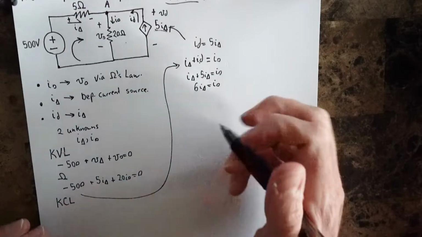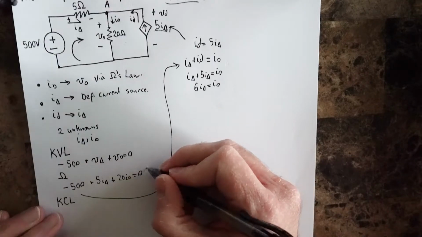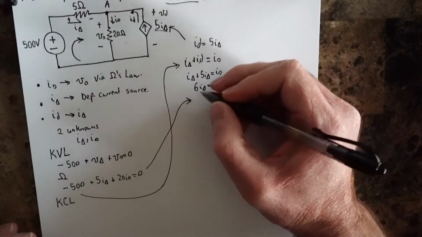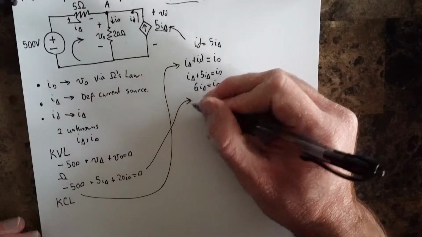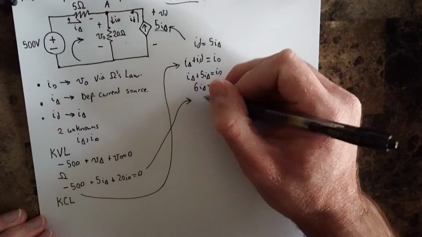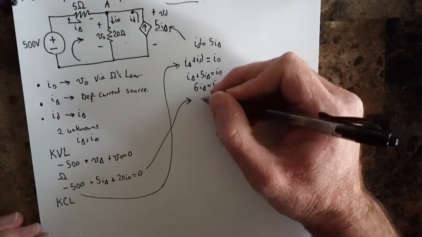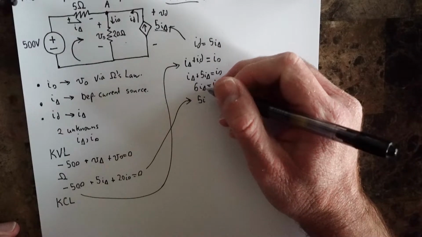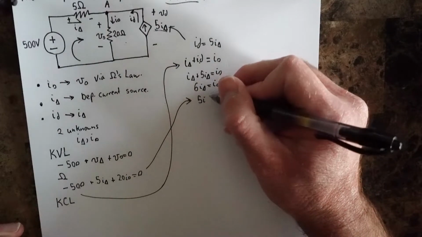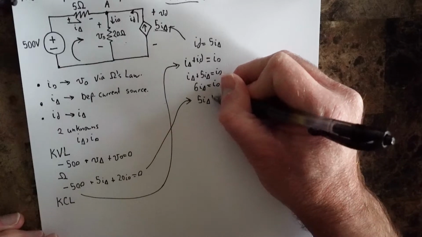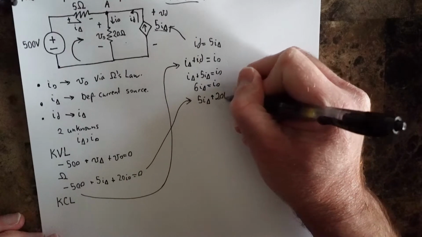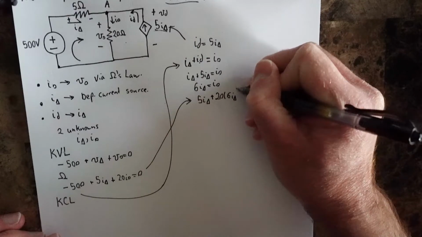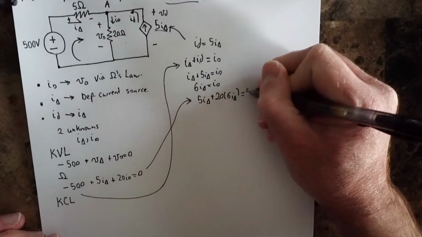Okay, so now let's go back to our KVL equation and solve for that other unknown. I'll go ahead and move this 500 again over to the other side, so that we have 5 I delta plus 20 times 6 I delta must be equal to 500.